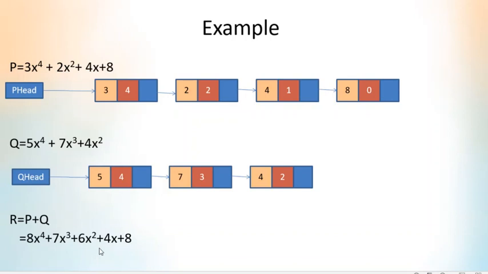How will you get this particular answer? Let us see the basics first. This is the first polynomial, this is the second polynomial. We will start a p pointer here and a q pointer here. Now the exponent of p pointer is compared with the exponent of q pointer, and we are checking whether it is equal or not.